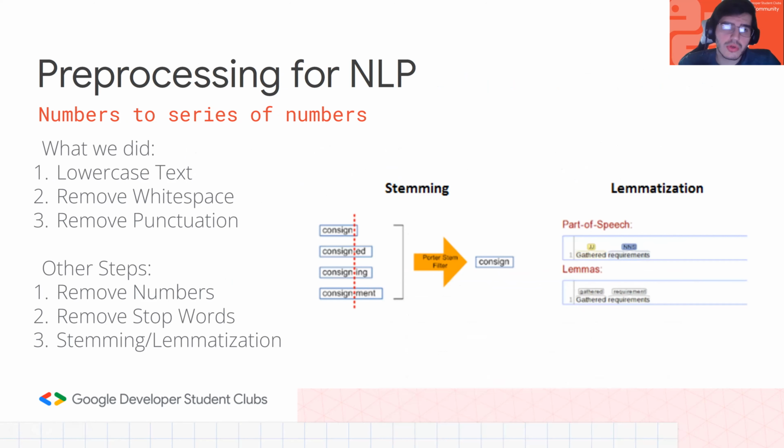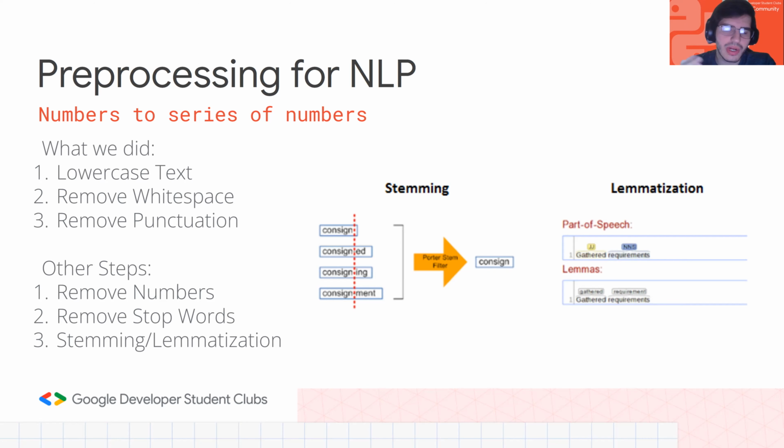So what we did in our code, first we lowercased all the text, which, like I said in the previous slide, the word with a capital letter is not the same as the same word with all lowercase letters. So to even everything out, make sure there's no confusion in the model, we lowercase everything.